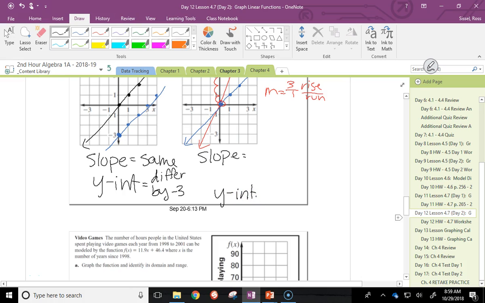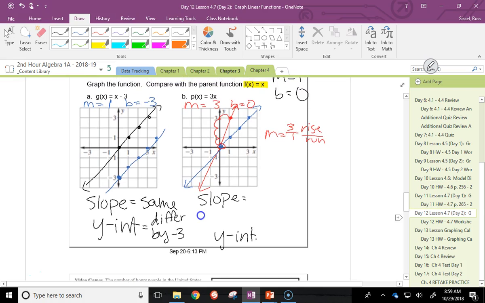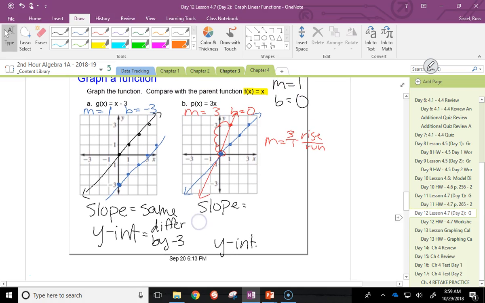Okay, are the slopes the same? No. The slope of f of x is 1, and the slope of p of x is 3. M equals 1, and then in red we have m is 3.